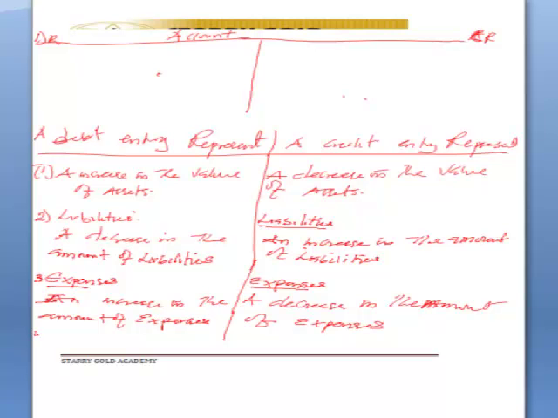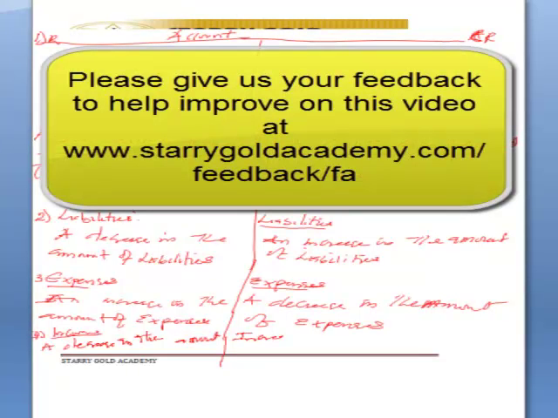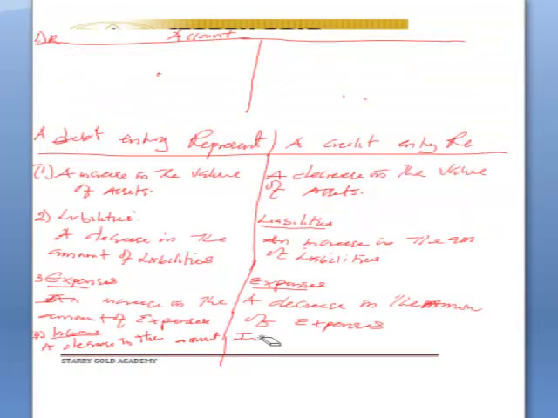So let's see income. A debit entry to an income account means a decrease in the amount of income, whereas a credit entry in income means an increase in the amount of income.